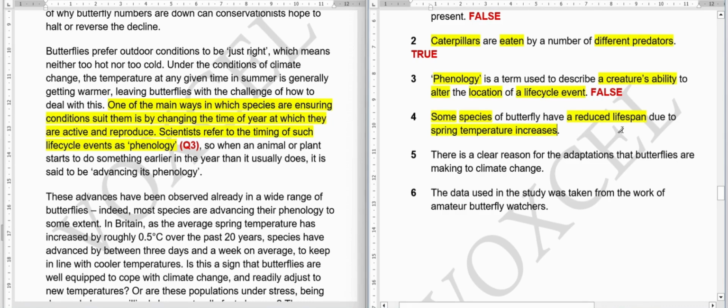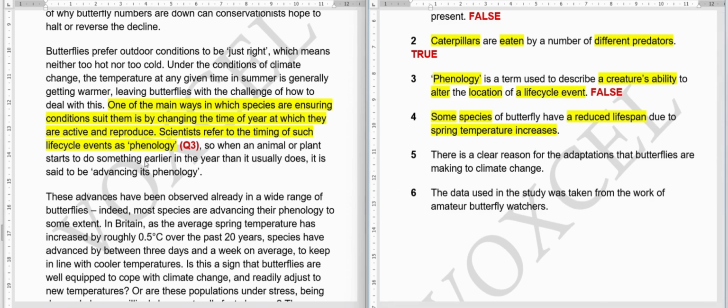And when it is not given, either when we don't know whether the lifespan has reduced or increased, or we don't know whether the spring temperature has increased and because of that the lifespan reduced, in either of these cases we will say the answer is not given. So let's see.